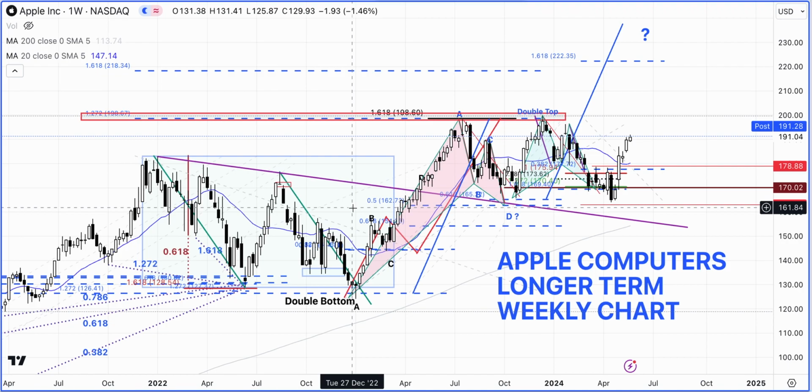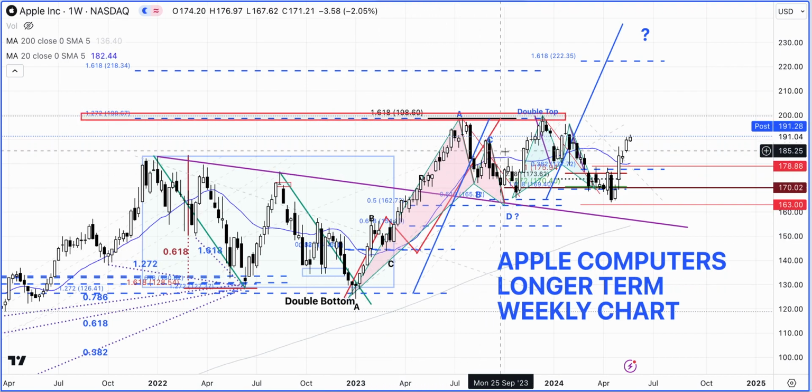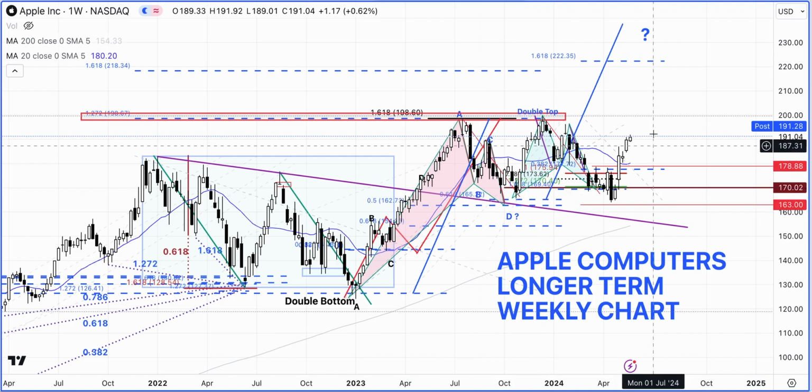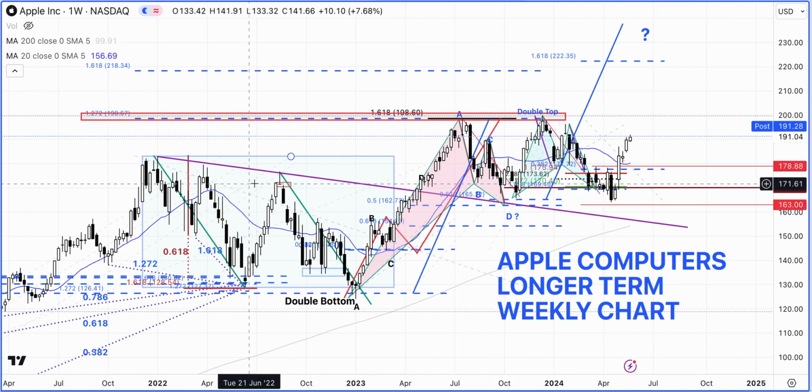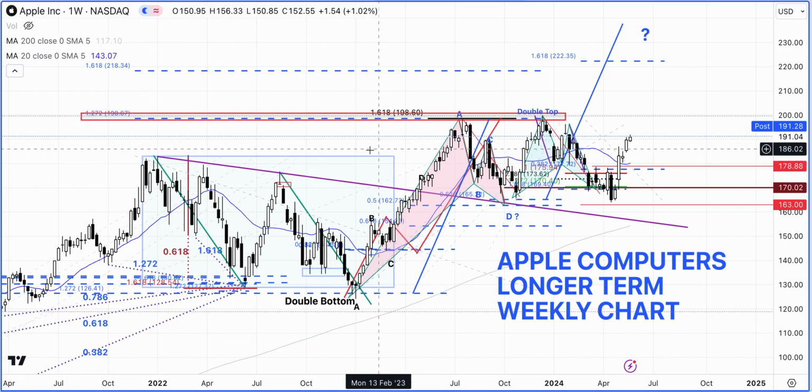Then when the expectation for interest rates to go down increases, we have really seen investors come back and pile in, and then it starts a trend. And now it is in this mode one more time, very similar to what we saw here, from December of 2021 to December of 2022.